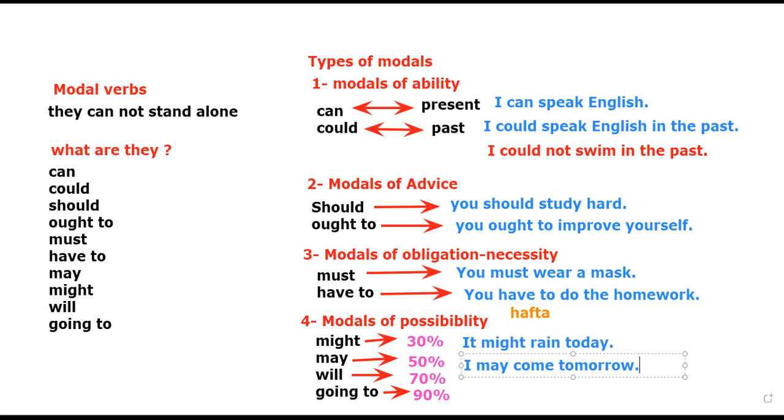Okay. طيب 70% أيضا will actually when you are طبعا في عدة استخدامات will اللي بمعنى س بس actually you are not sure about something.